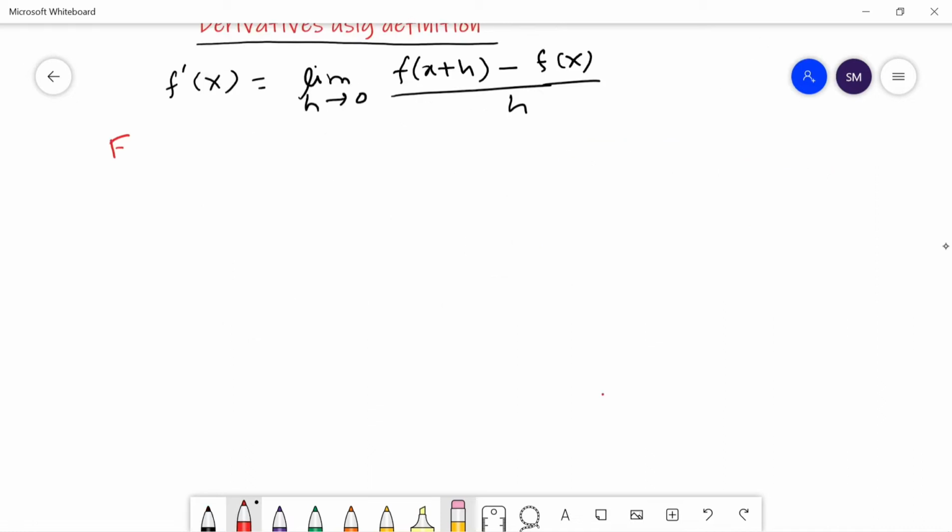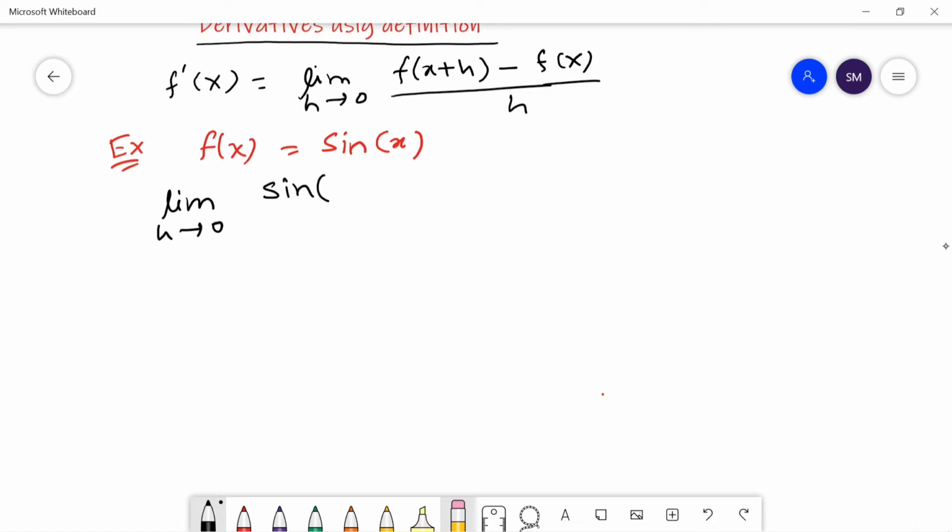Our next example is f of x is equal to sin x. In this case, we have to calculate limit h tends to 0 of sin x plus h minus sin x over h.